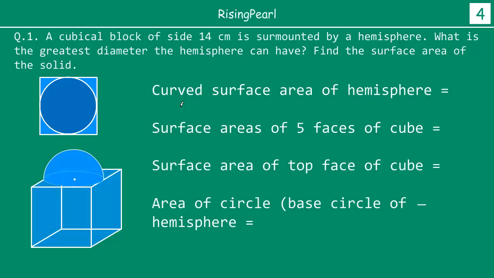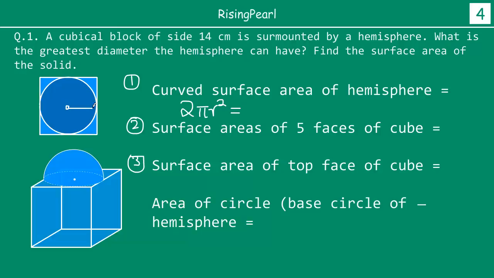Now that we understand it, we have to actually write the formulas, and the third and final step, find each of these individual areas. So we have 1, we have 2, and we have 3. We have to compute each one of them and then add them to get the final answer, right? So the curved surface area of the hemisphere, the formula for that is 2 pi r square. And what is r?